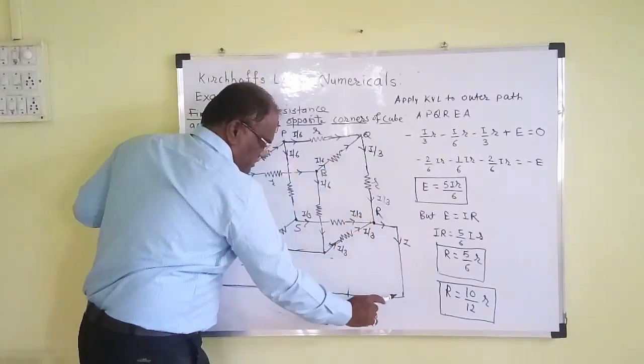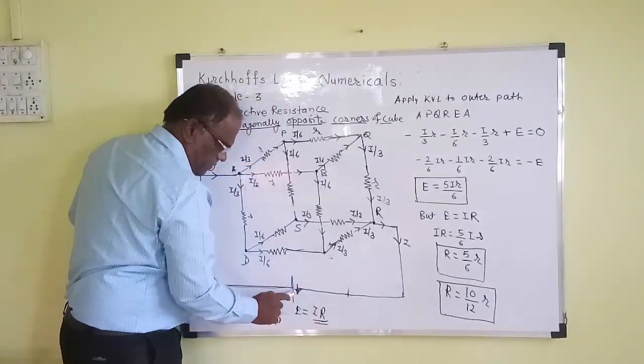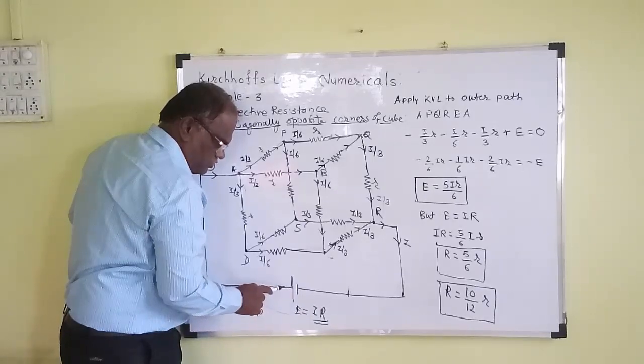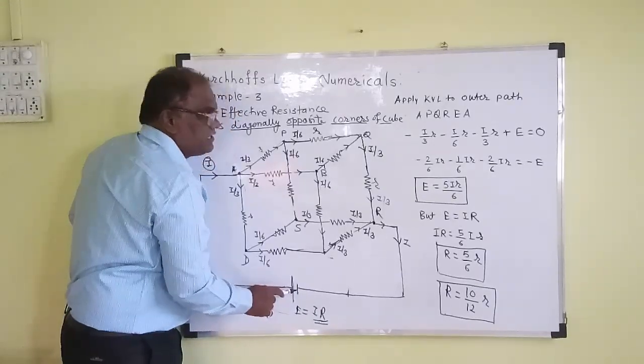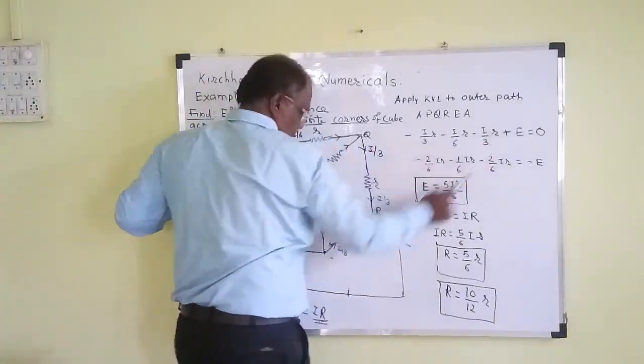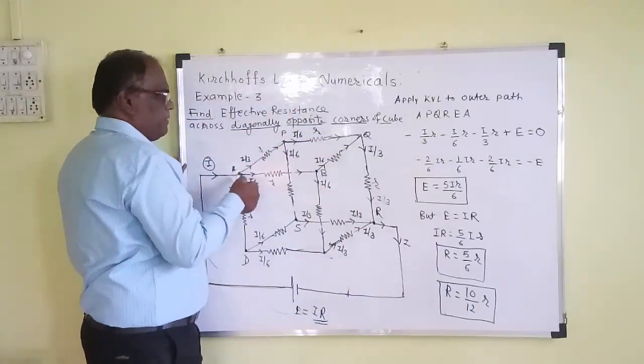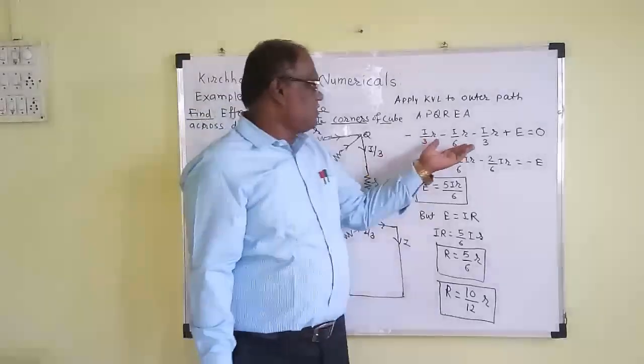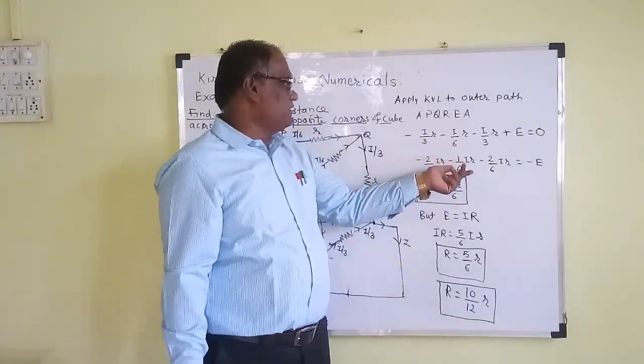There is no resistance here. Here I am moving from the negative to the positive terminal of the battery. Hence it is written as positive. Hence plus E, path complete, is equal to 0. Just solve. This is simple mathematics.